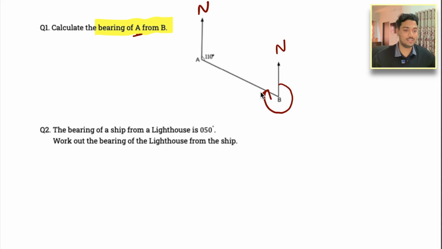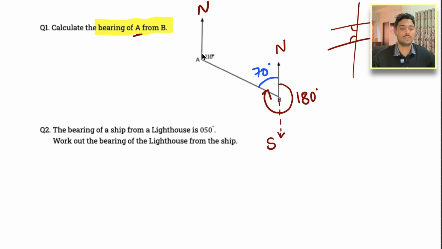So now we can clearly see that if this is north line, we can sketch a south line here. So this is north and south. This part is going to be completely 180 degrees, and this remaining part we have to find. And how do we do that? So now we know that between two parallel lines, the co-interior angles always add up to 180 degrees. That will make this angle as 70 degrees because this is 110 degrees, so this will be 70 degrees.